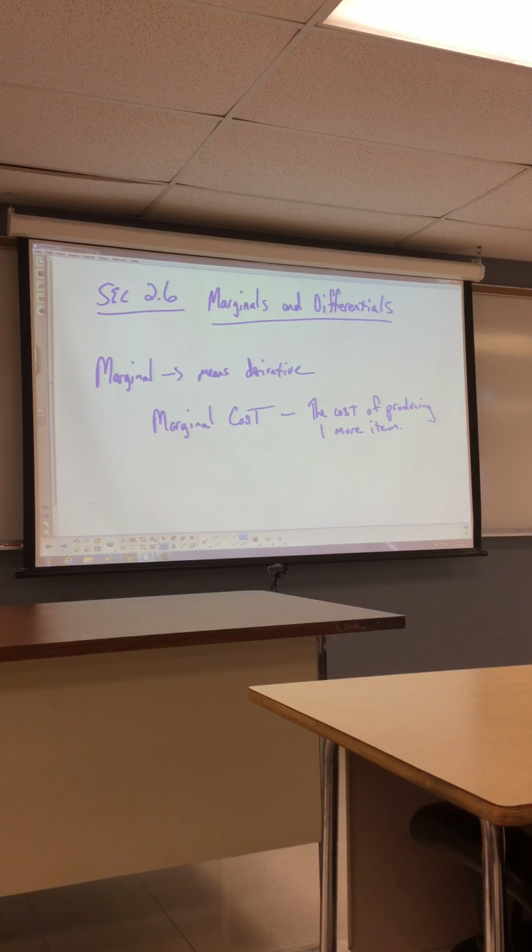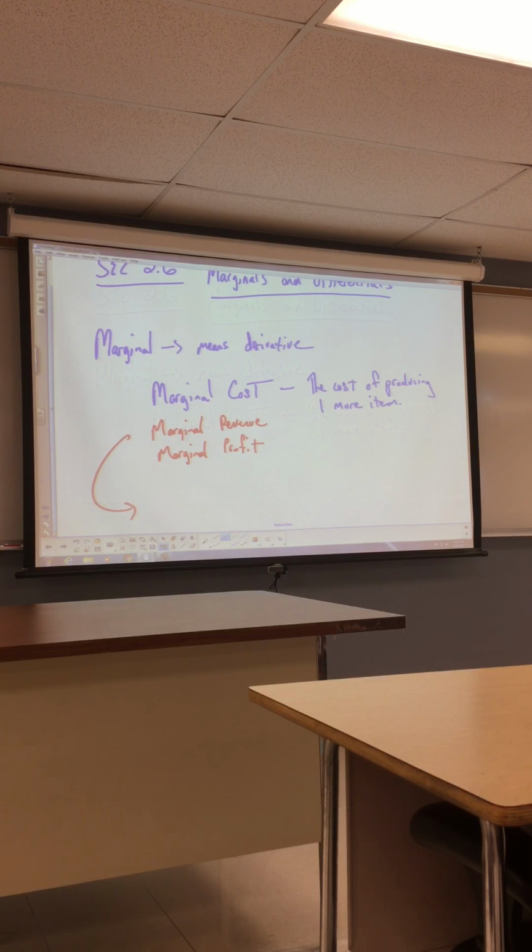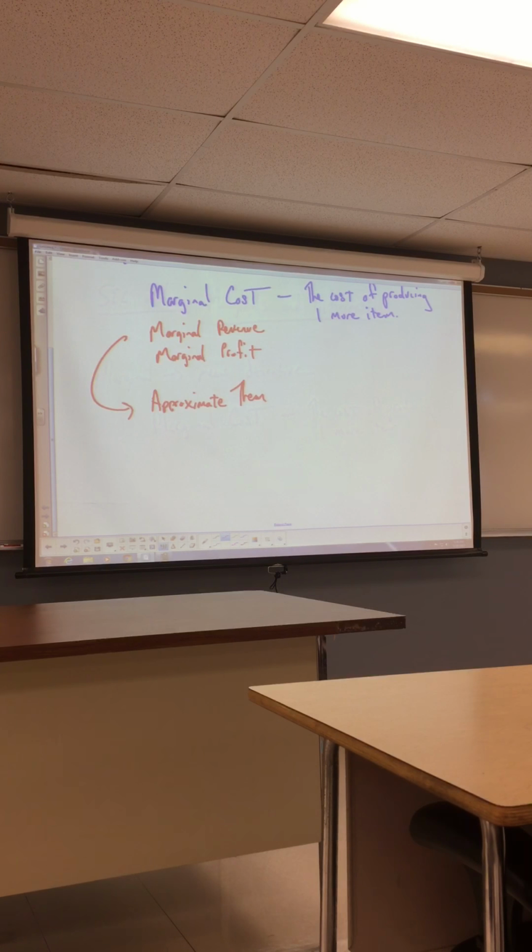So therefore, it's hard to figure these things out: marginal cost, marginal revenue, and marginal profit. So what we're going to do is estimate them, approximate them. And the way we approximate them is we use calculus.